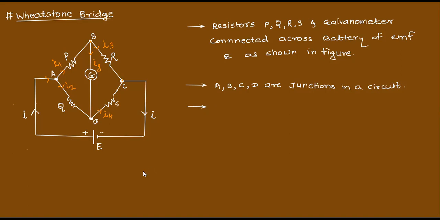Now see here, at point B, or at junction B, what I am doing: incoming current is equal to outgoing current.